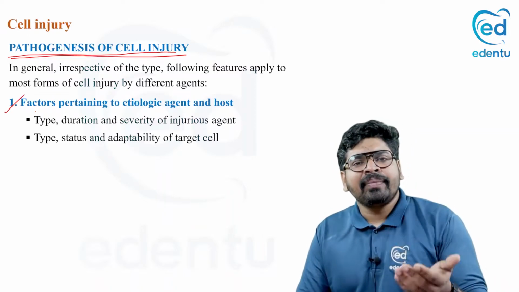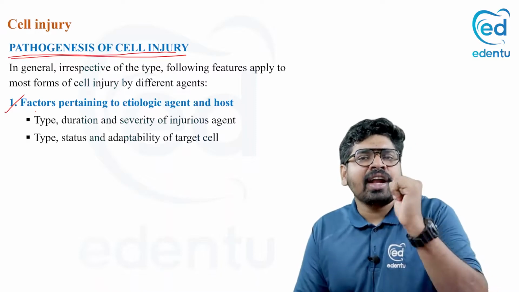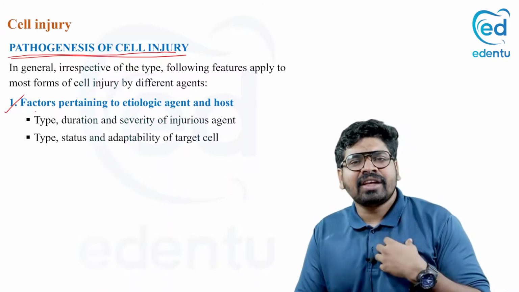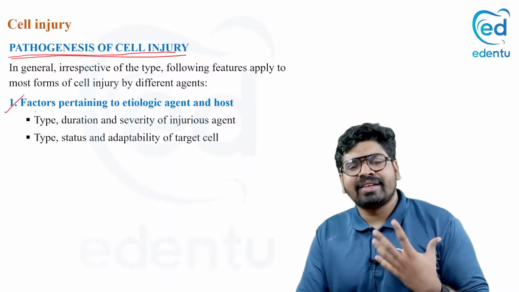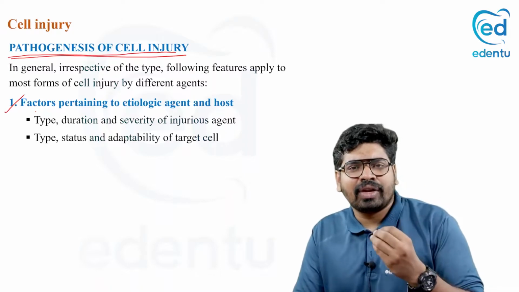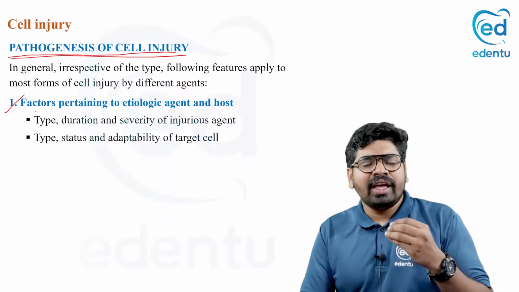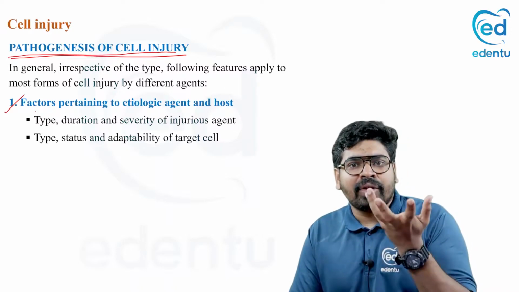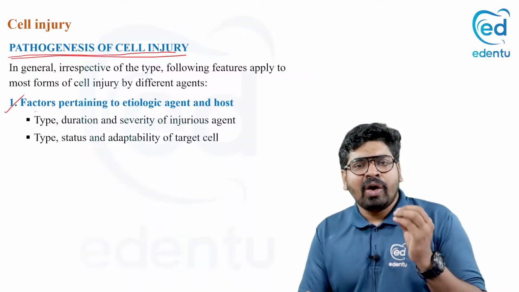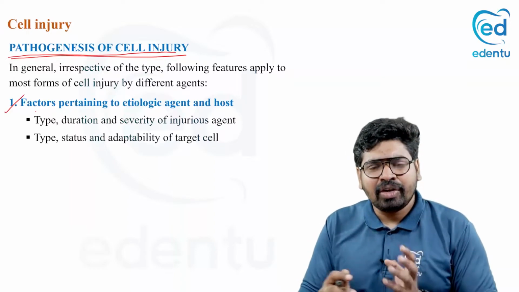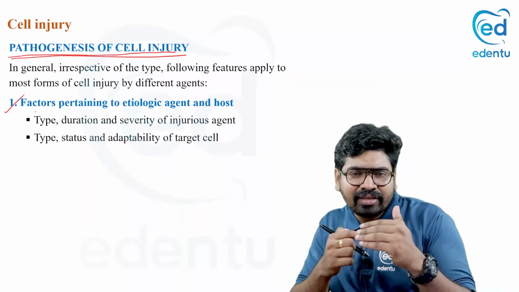For example, if you are getting a lot of ionizing radiation, certain cells in our body, like your brain cells, or glandular cells, will respond very fast. Your stem cells, all these cells are very fragile to radiation, but your muscle cells are very resistant to radiation.